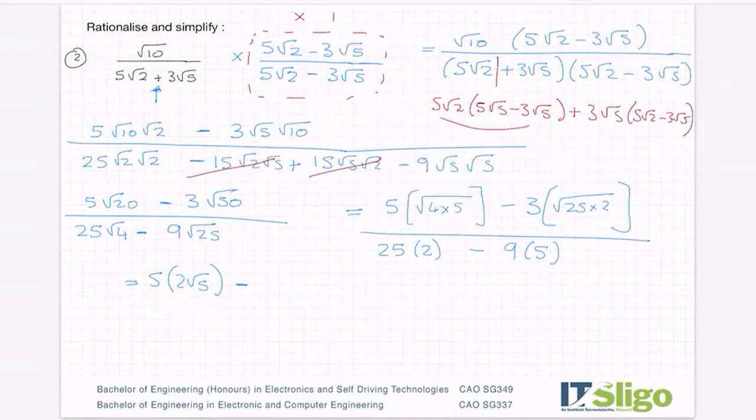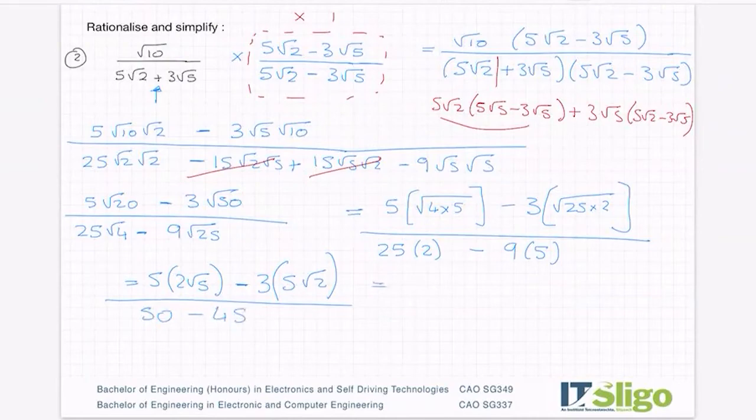Okay, in this one, root 25 is 5, root 2. So that's why if you put root 50 into your calculator, it would simplify down to 5 root 2. And on the bottom, I have 25 by 2, which is 50, minus 9 5s is 45.